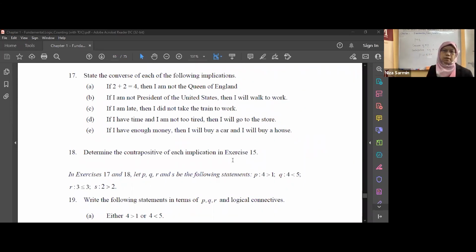Part E is like this. P implies Q and R, right?